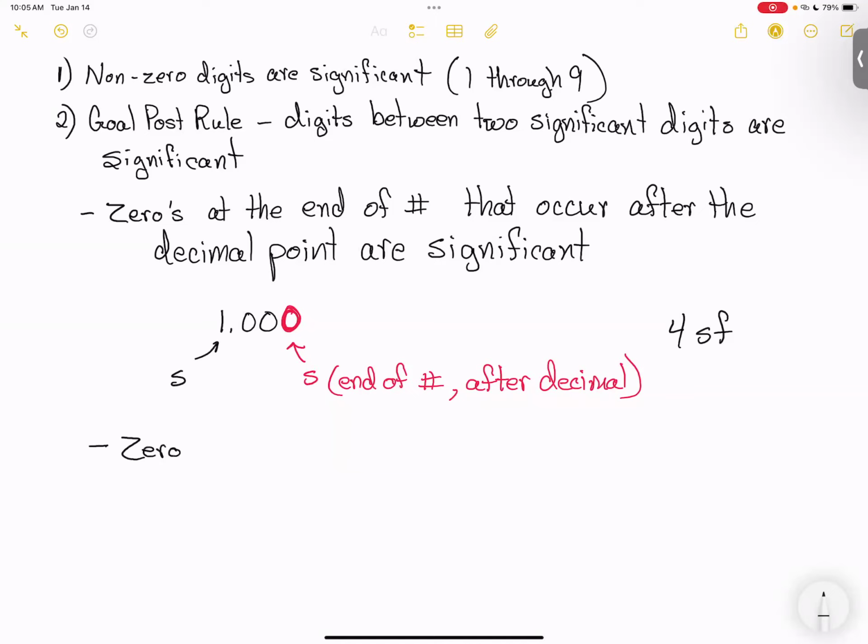Zeros before the first non-zero digit are insignificant.